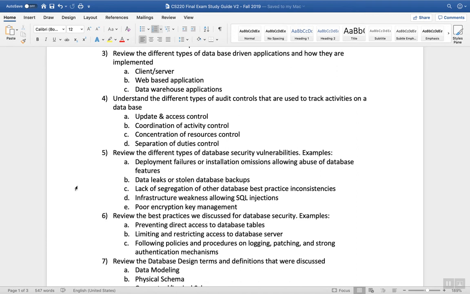Data leaks or stolen database backups. Backup can be as important as the database itself, because once you get it, you can take that whole data, take it to another system, restore all the data back, and create a whole new system. So basically the security associated with your backups is very important. The lack of segregation, and of other database best practices.